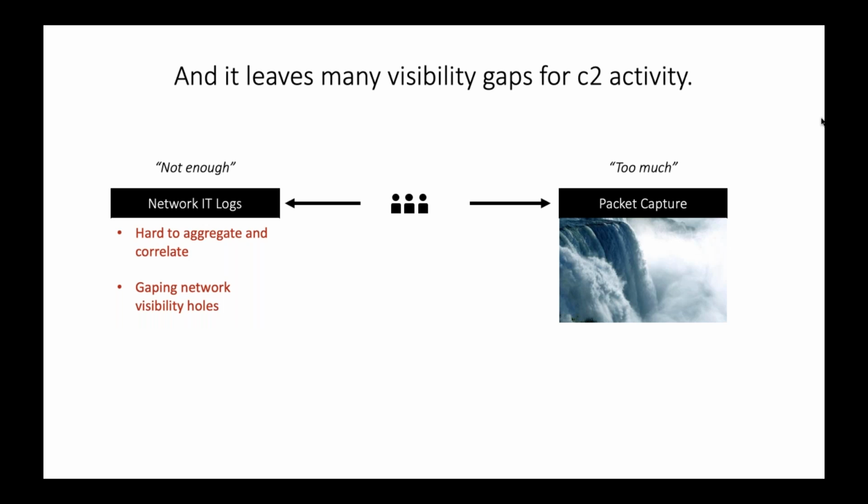And at the far side of the spectrum, of course, is folks who are doing full packet capture on the basis that, well, now I have everything, I'll be able to get anything I need out of an incident response. Those guys often find that they've just simply got too much data on their hands.